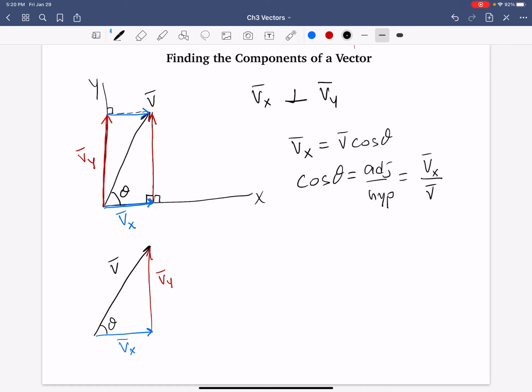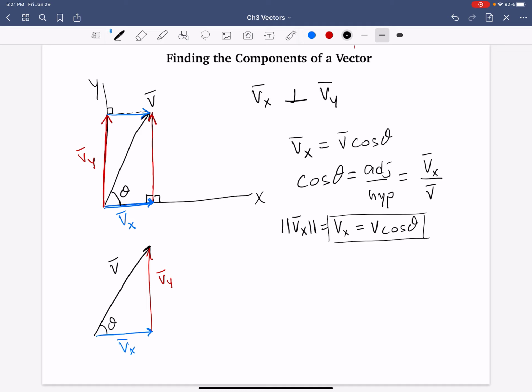If you wanted to write the magnitude, you can. The magnitude of Vx can be written as just the variable without a vector bar or double bars around it, and that's the same as V times cosine theta.